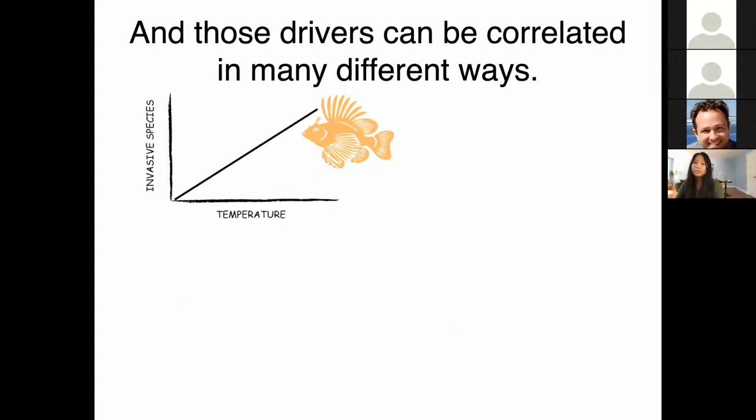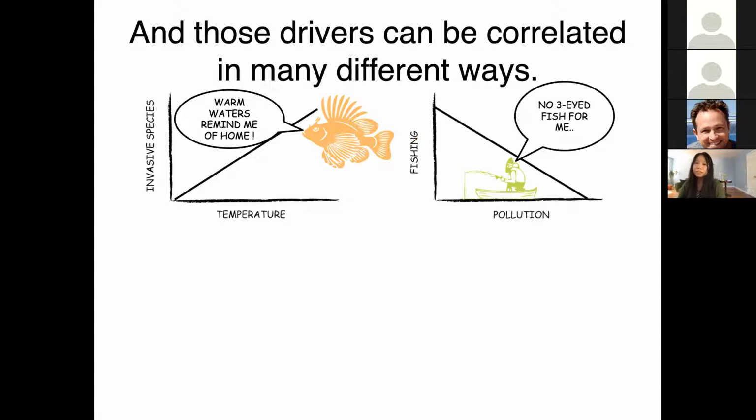These drivers are likely correlated with one another in a diversity of manners. For example, rising temperatures have a positive correlation with invasive species in many places, especially if invasives actually benefit from warm temperatures, as they do in some cases. Negative correlations can also exist.